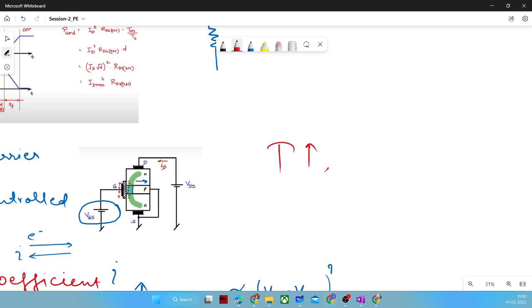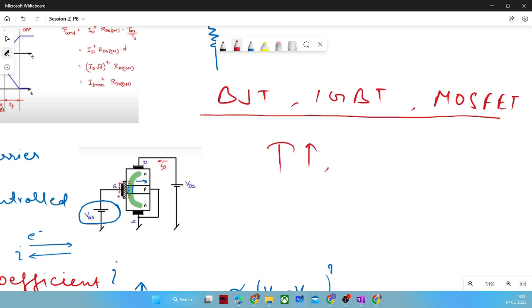So let me write it: BJT, IGBT, and MOSFET. Right. BJT is simply a transistor, so here there is no support of any other devices, right?